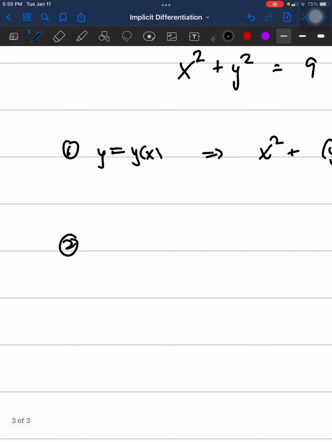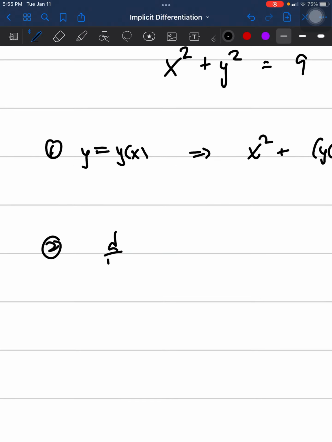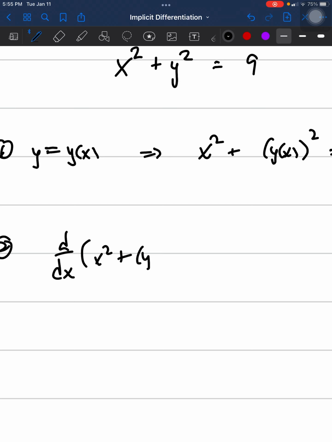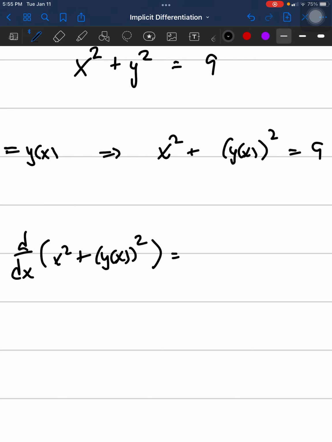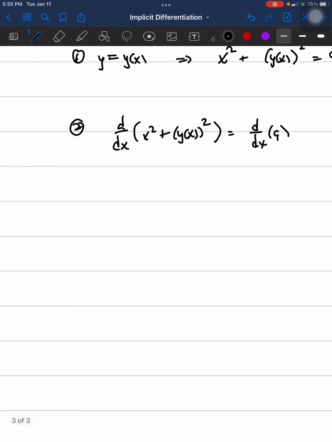It's a function of x now, and now we can differentiate with respect to x. We're going to differentiate both sides separately: the derivative of x squared plus y of x squared, and the derivative of 9.